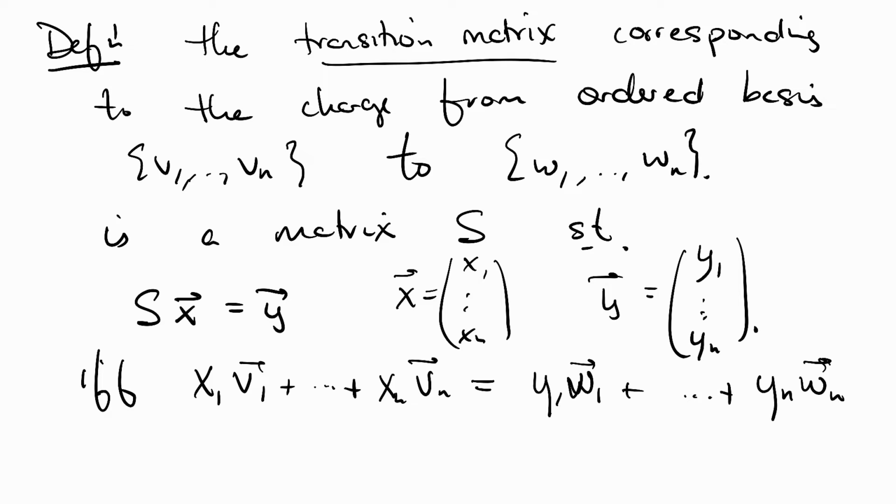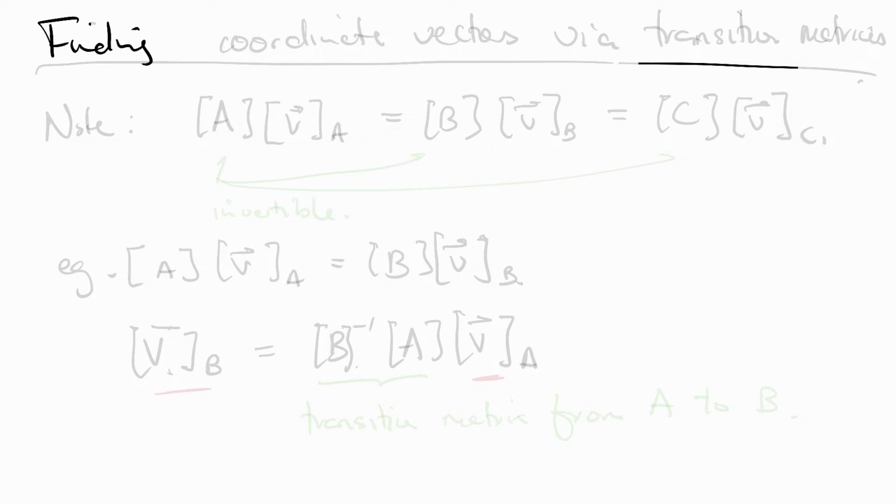S is the matrix that takes in the coordinate vector with respect to the first basis and spits out the coordinate vector with respect to the second basis. Let's find it. Finding coordinate vectors via the transition matrix.